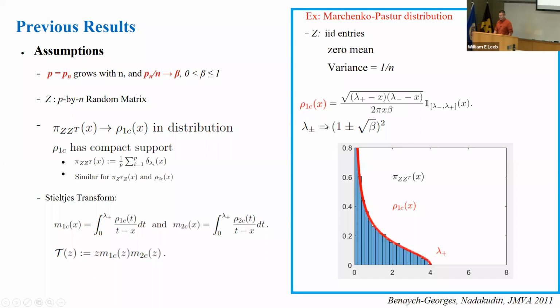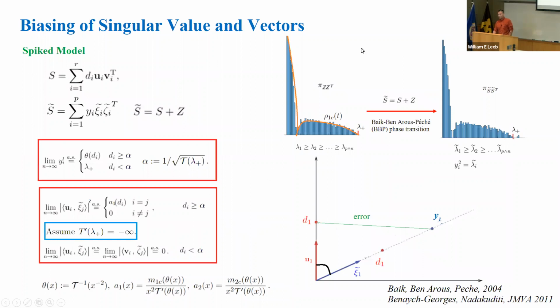So the Marchenko-Pastur law only depends on the matrix dimension ratio, which converges to beta. It has a deterministic distribution. But that is for white noise.